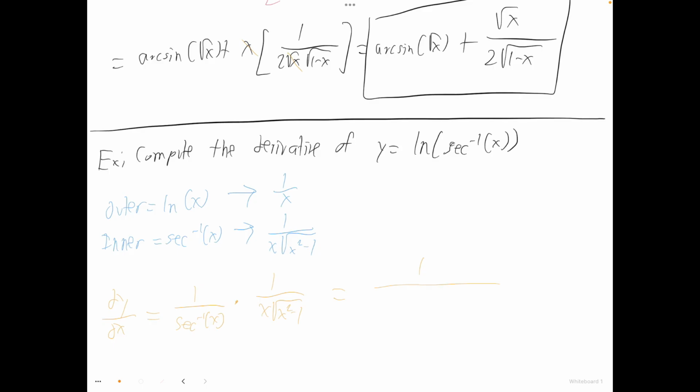So we end up with 1 over secant inverse of x times the square root of x squared minus 1 times x, which I'll put in front. So that's then the derivative of natural log of secant inverse of x. Just kind of combining the two that we've done before in this video with ln of x and secant inverse. So that is then how we compute the derivative of inverse functions, namely for logarithms and inverse trig functions.